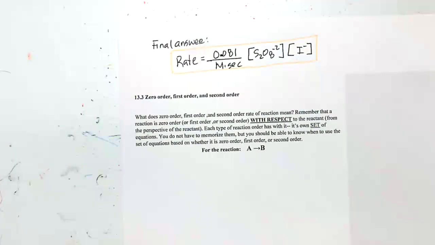I have a way for you to know 100% you'll get the right answer on the exam. How can we validate this? How can we check this to see if it's entirely correct? It's a rate law, so it should work for this equation.